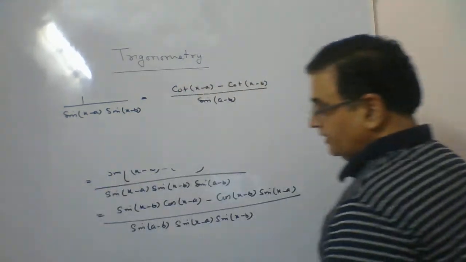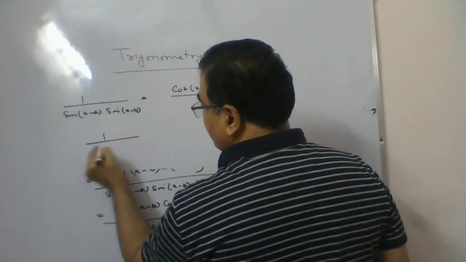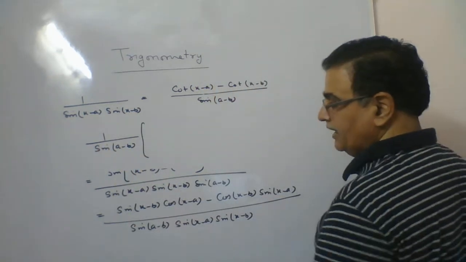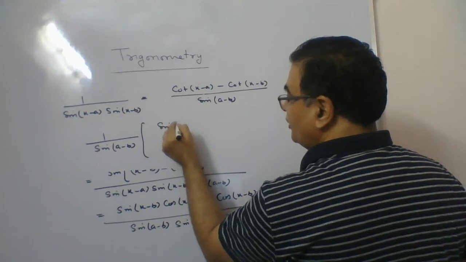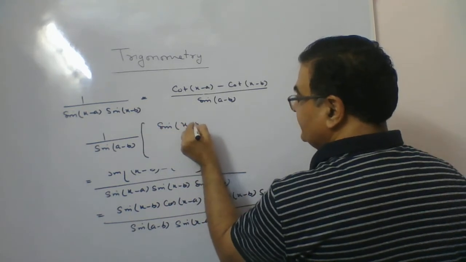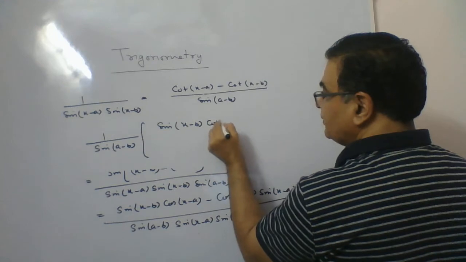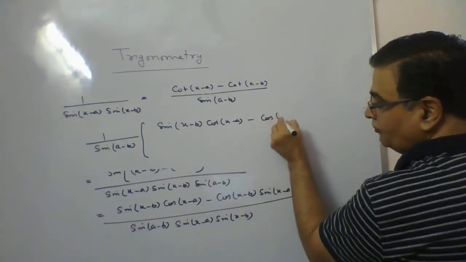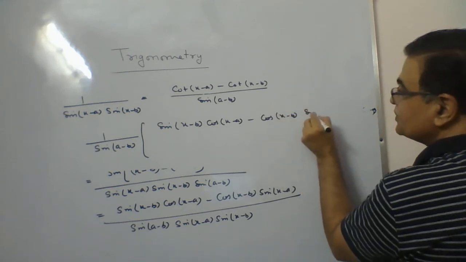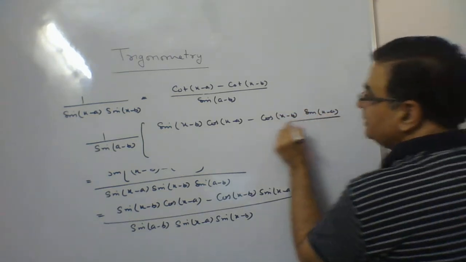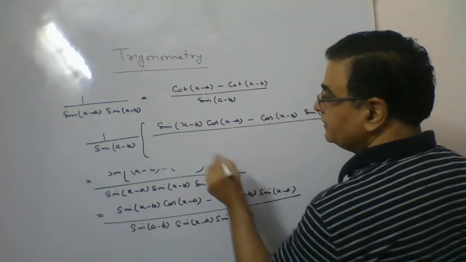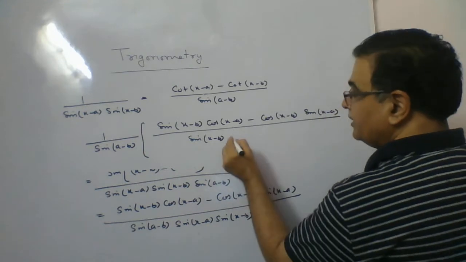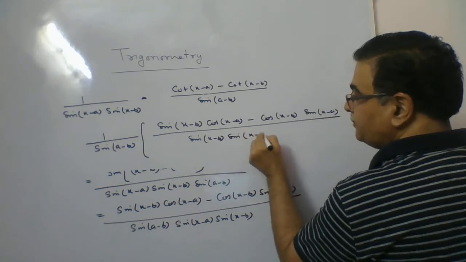After getting this result, 1 by sine (A minus B) I'll take out. Left is what? Sine of (x minus B) into cos of (x minus A) minus cos of (x minus B) into sine of (x minus A), whole divided by sine of (x minus B) into sine of (x minus A).